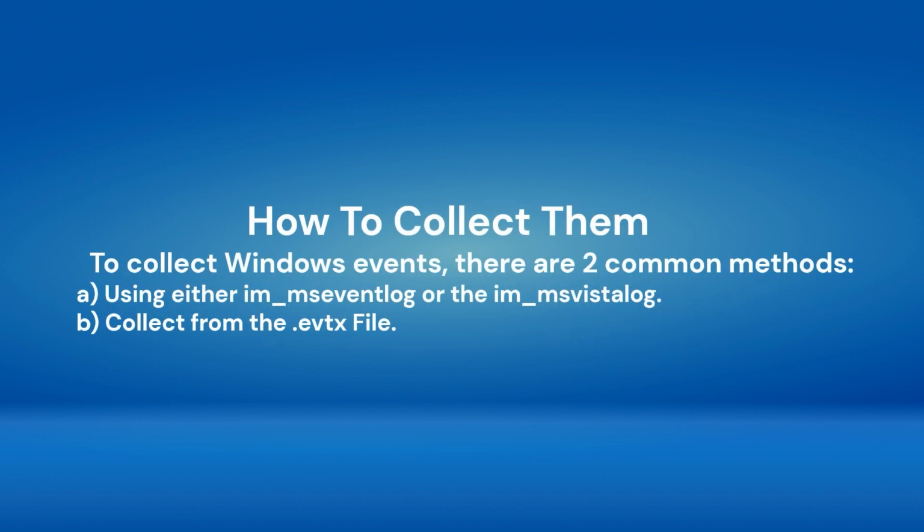The most common way to collect Windows event logs would be through the use of one of two modules, the im_msvistalog or im_mseventlog. An alternative way that the agent can collect the Windows event logs would be via directly reading the EVTX files.